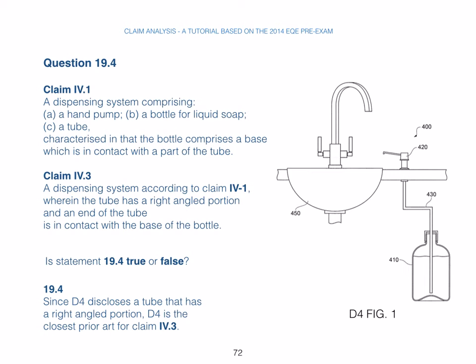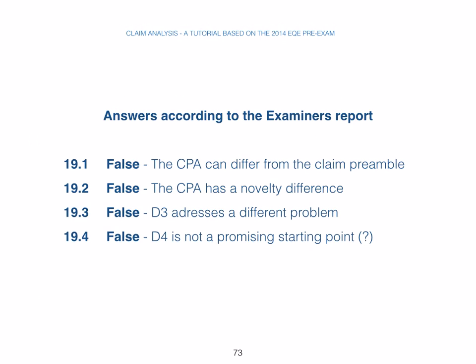Let's go to the answers for question 19. From the examiner's report, we see that 19.1 is false. The closest prior art can differ from the claim preamble. 19.2 is false.